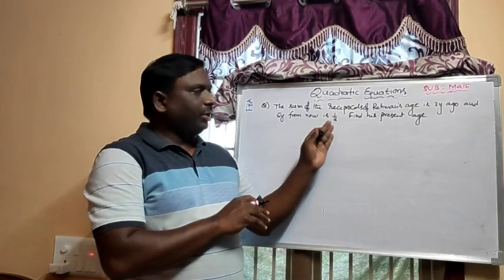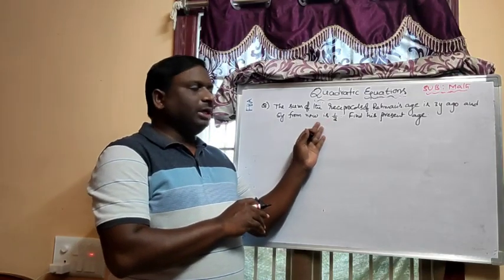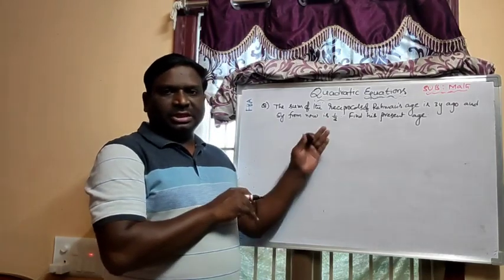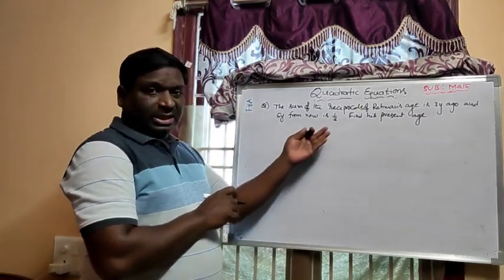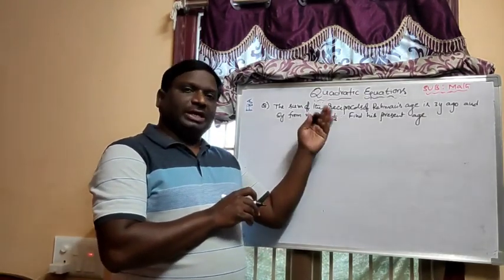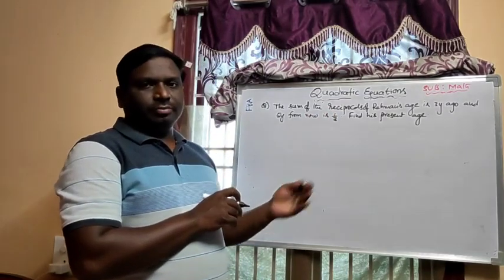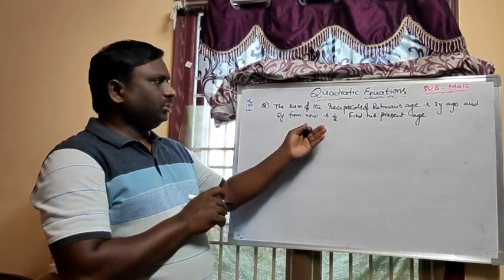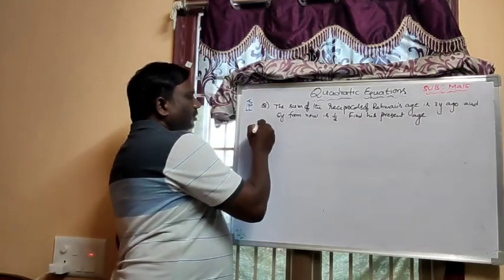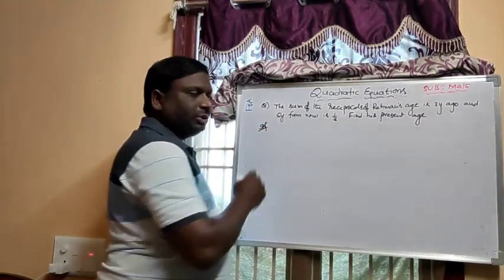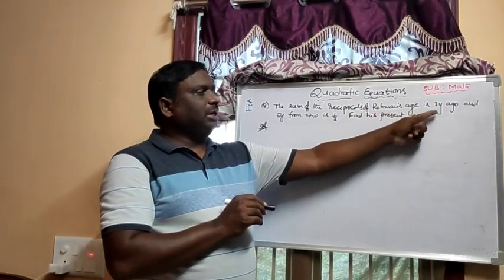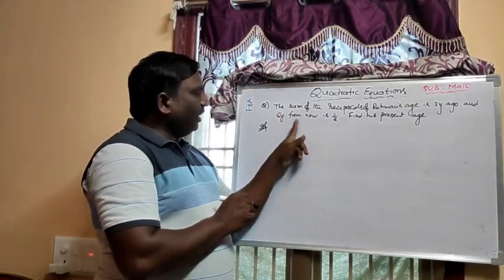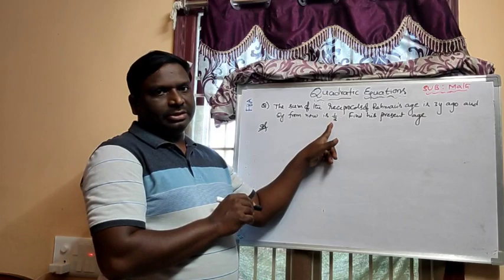This type of question is there in the second session, but I did not explain age related questions. Now I am explaining this age related question in the third session. So now see there, read the question carefully. The sum of the reciprocals of Rahman's ages 3 years ago and 5 years from now is 1 by 3.